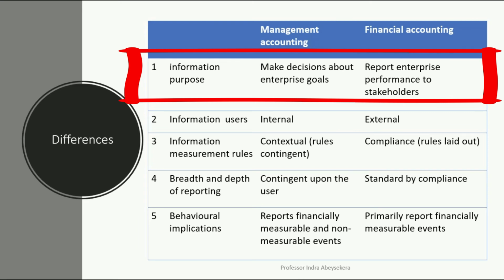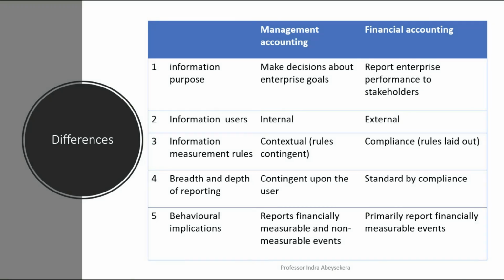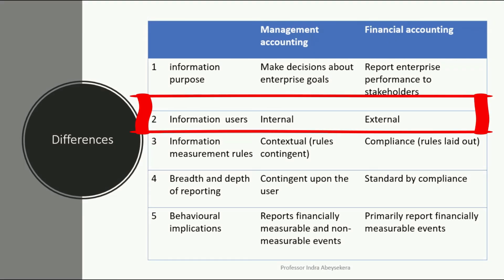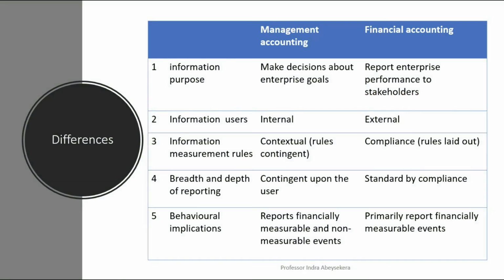Management accounting makes decisions about enterprise goals, whereas financial accounting uses the information to report about performance to stakeholders. Second, information uses. Management accounting primarily caters to internal users, and financial accounting primarily caters to external users.